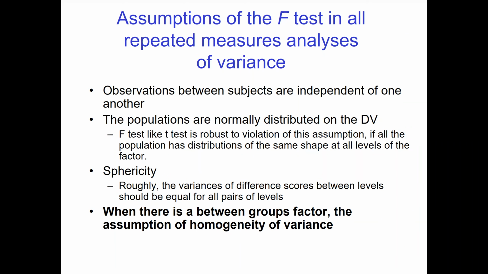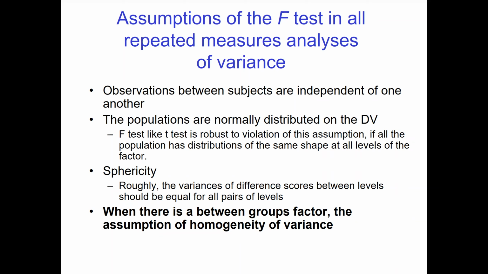That is the assumption of the normal distribution, and it needs to be true for all levels of the factor. So you're looking for a normal distribution on time 1, time 2, and time 3. And that is difficult to test. SPSS offers no specific test of that.